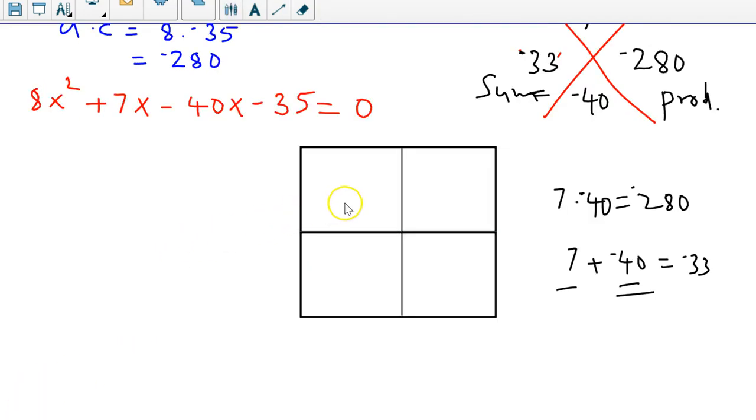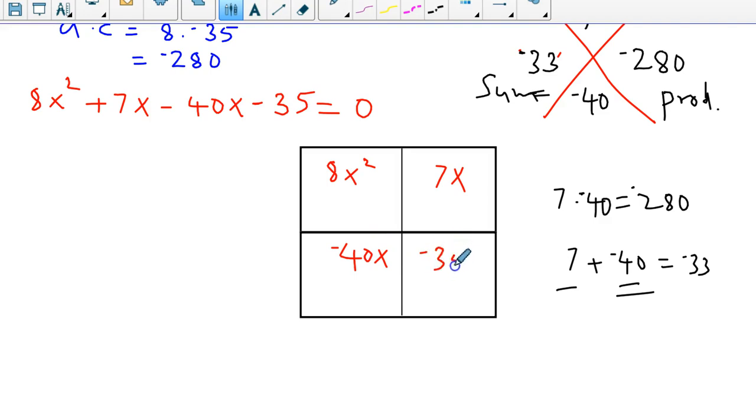So now in this box, I will enter our numbers or the terms 8x square, plus 7x, that is positive, minus 40x minus 35. Then go for the factors horizontally and vertically. That is, we'll take the common factors from the rows and then from the columns.